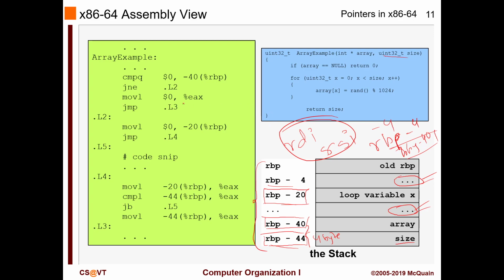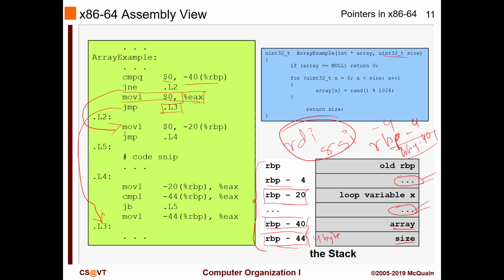So over here the first thing being done is we are checking whether RBP -40, in this case the array, is equal to 0 or not. If it's not equal to 0, then move here. Otherwise it's going to put 0 into the return register and then jump to L3, which is over here, and L3 is basically the end of the function.